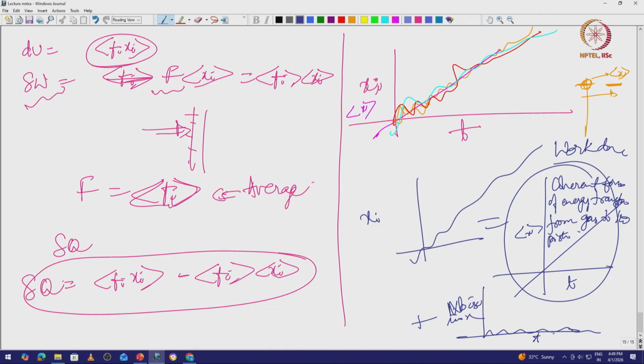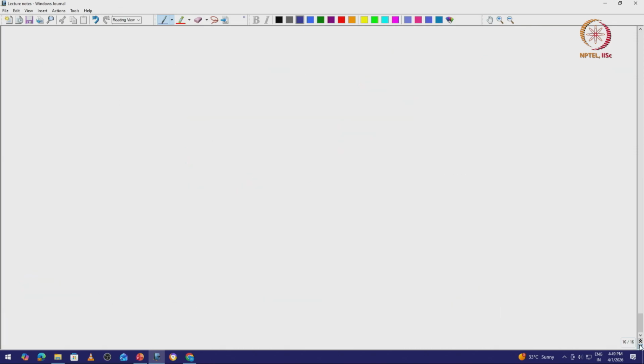What about the rest of it? The incoherent form of gas energy transfer gives rise to this noise, okay.